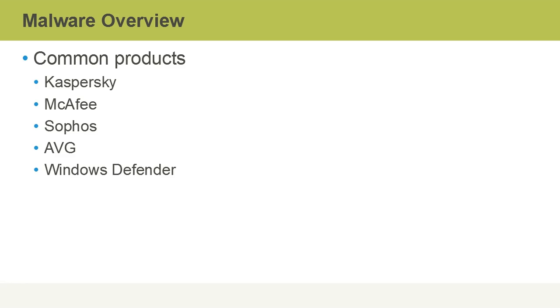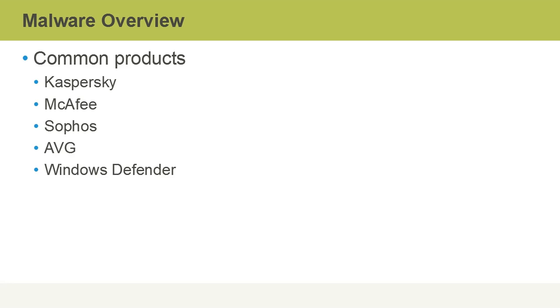Common anti-malware products include those from Kaspersky, McAfee, Sophos, AVG, and Windows Defender. Now, just because we might be using a free anti-malware solution like Windows Defender doesn't necessarily mean it's not as good as some of the paid solutions.